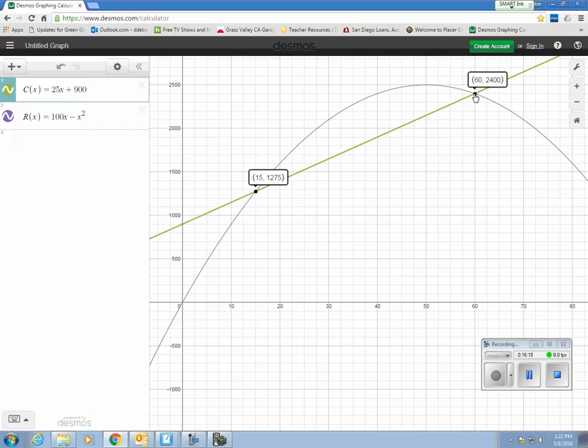At 60 bicycles, my revenues and my costs are the same, both revenue and cost being $2,400. So we call those the break even.